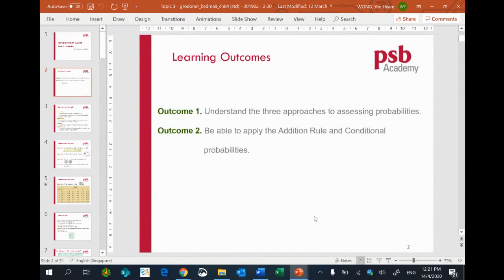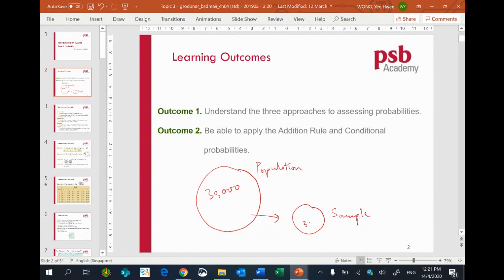Remember when you have two circles, this is a population, and you have a sample. Why do you take a sample? Because the population is usually too huge for us to handle. So we just randomly pick some elements in the population and we call that a sample. Earlier I said maybe there are 30,000 here, but you only take 30 here.